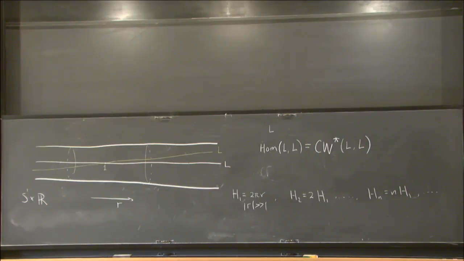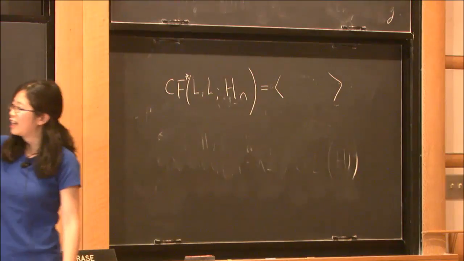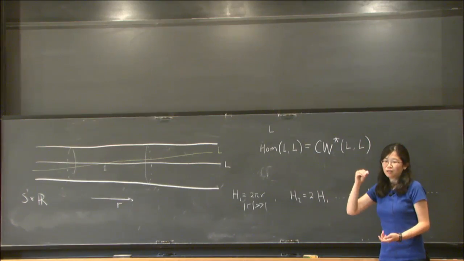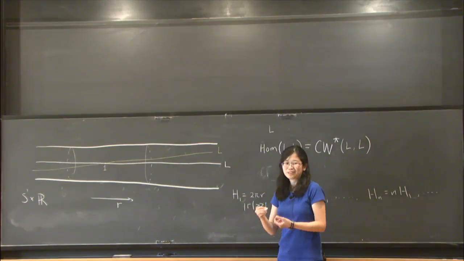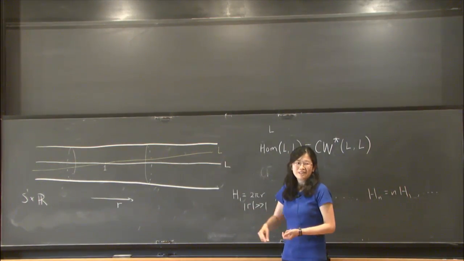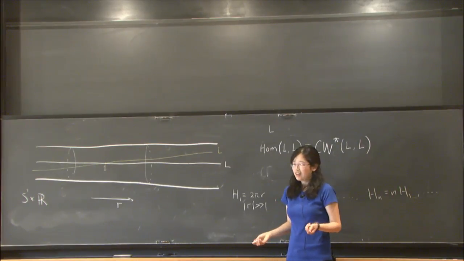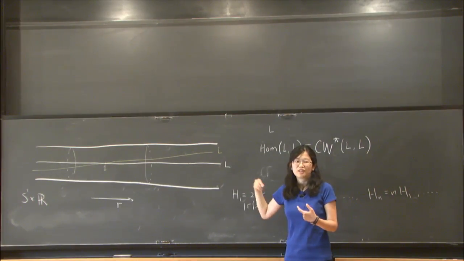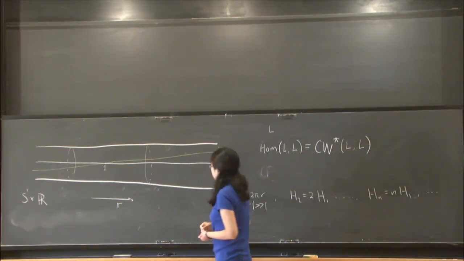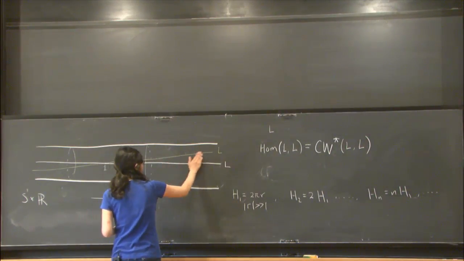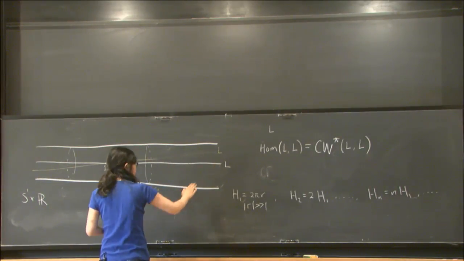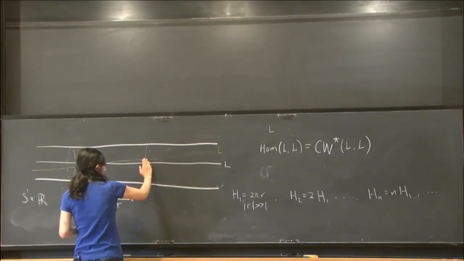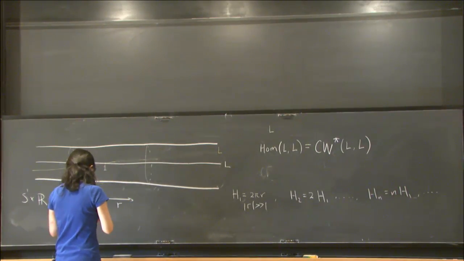If we perturb the first one by the Hamiltonian flow, then counting trajectories starting from L to L is equivalent to counting the intersection points.